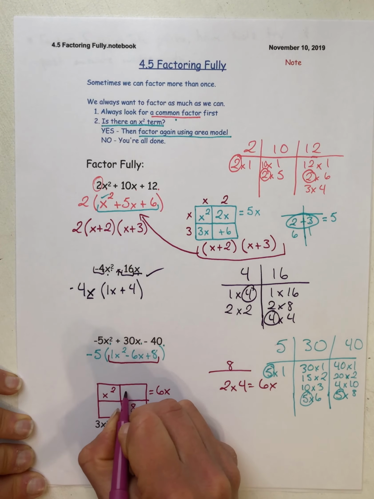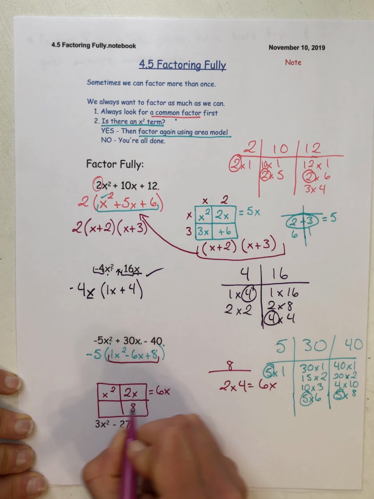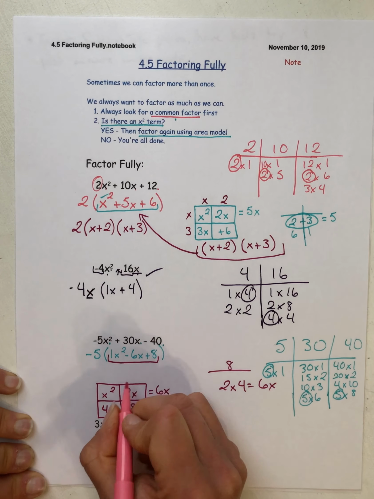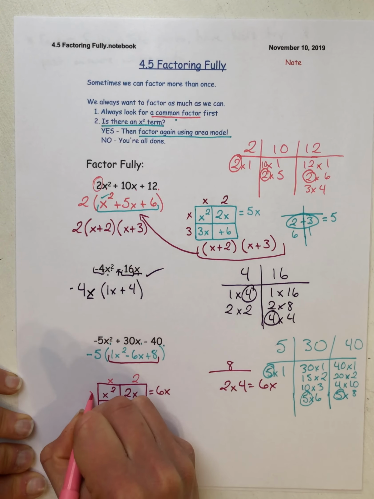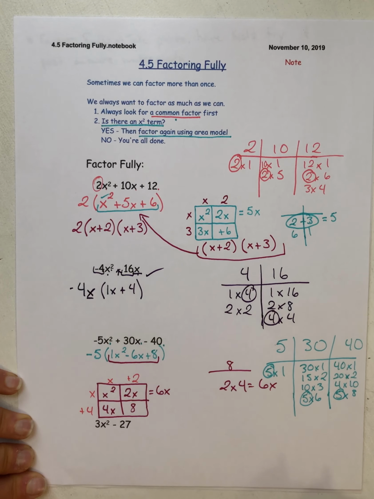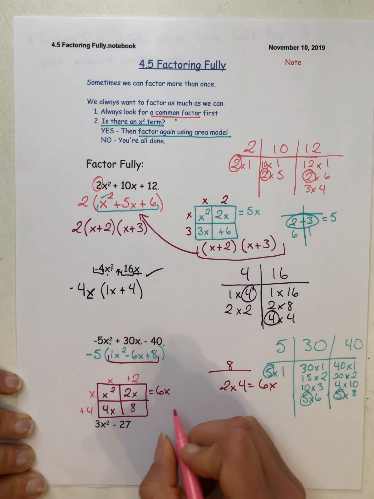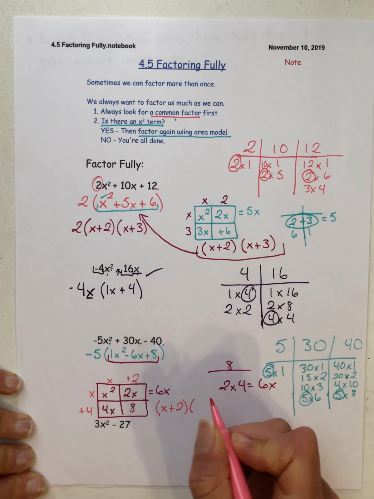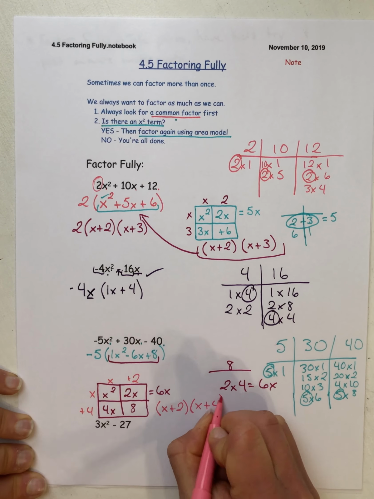So our numbers are 2x and 4x, and then we can pull our information out. So we have 2x, x, and 4. These are positives. So then we can write this as x plus 2 and x plus 4.